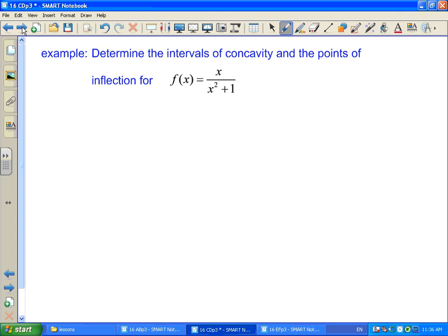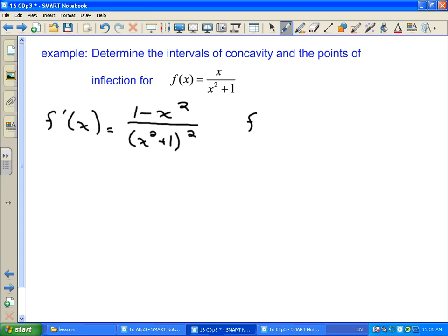So we've got a function here, f of x equals x over x squared plus 1. And if we're going to look at concavity, we're going to need our second derivative. So our first derivative, if you work it out, is (1 minus x squared) over (x squared plus 1) all squared.